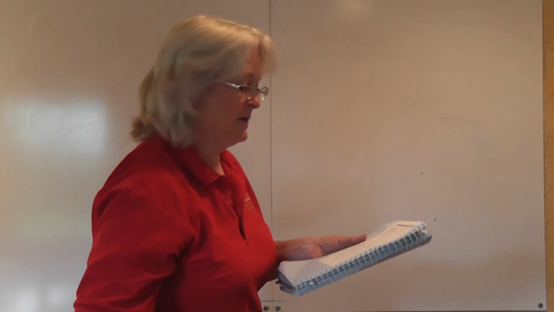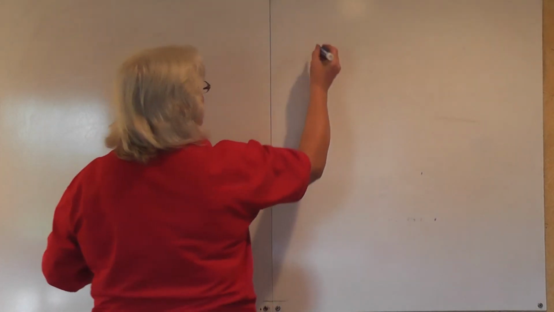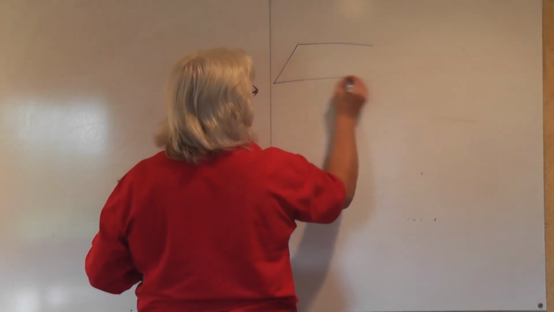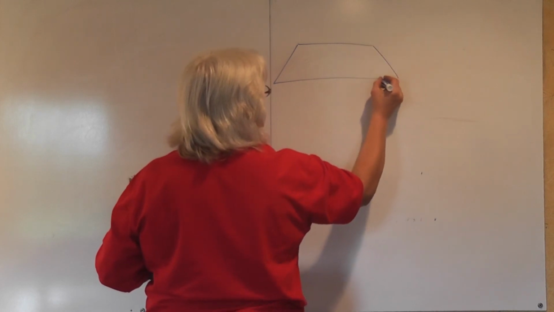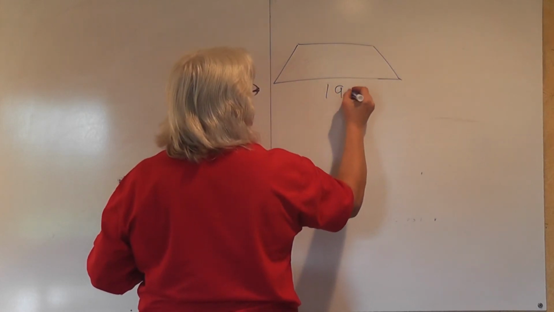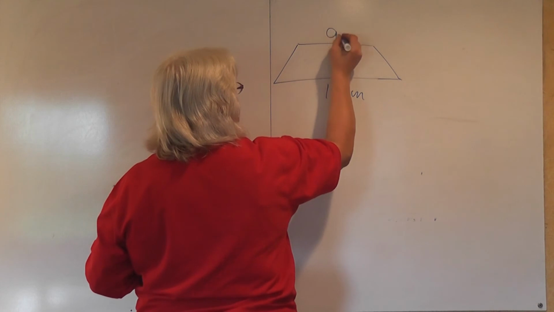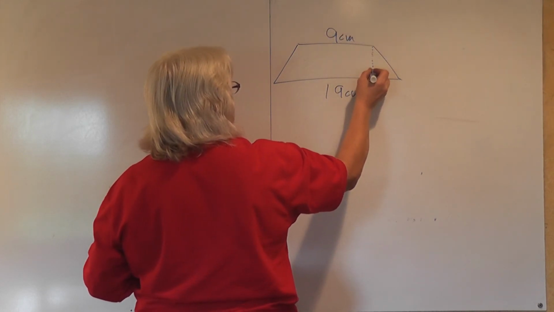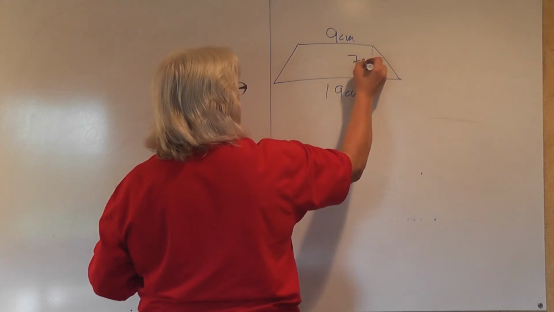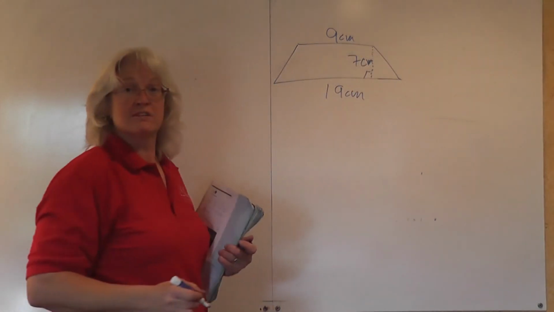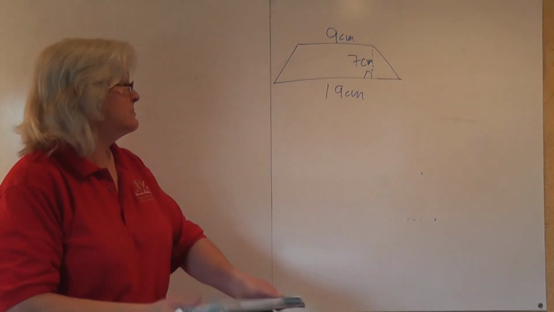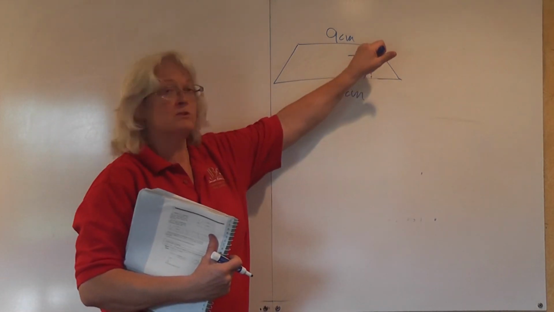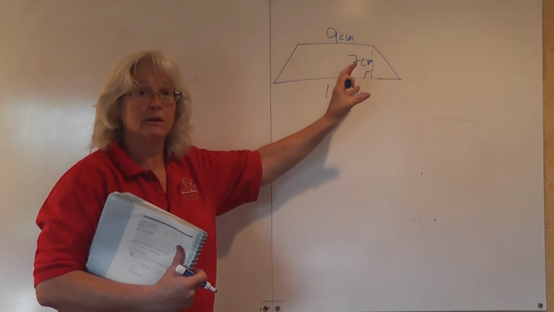We have a trapezoid with 19 centimeters, 9 centimeters, and 7 centimeters. What's the 7 centimeters? Remember, that's not a base.